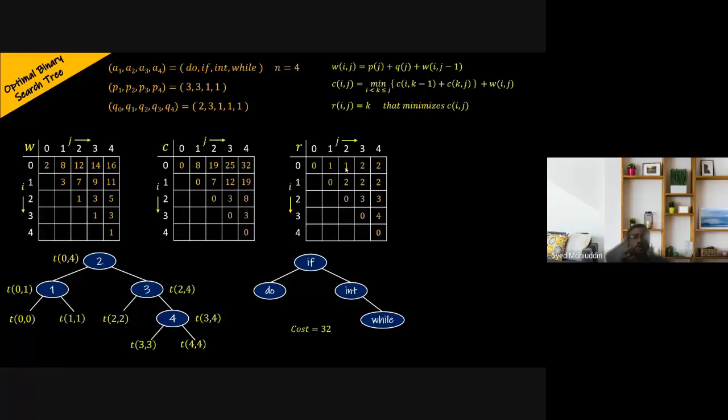This change is at 0 comma 1. So for the left child from 2, we are considering the row. What we get is from 2 the change is 1. So the left node will be 1.